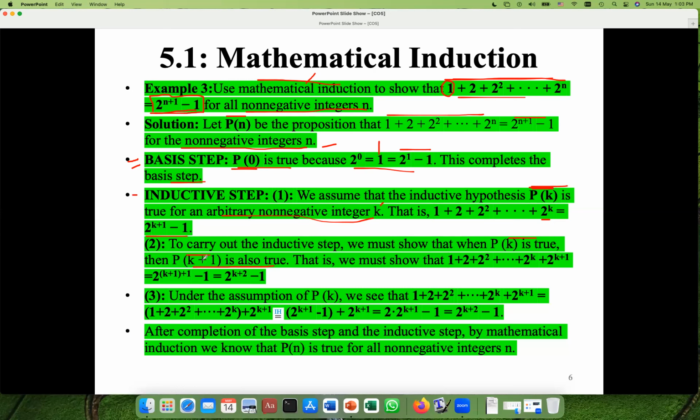By putting in P(k+1), you add the next term, because that is the next step. You can add it or you can put it here; it is up to you. If you put, for example, 2 raised to the power k plus 1, then we know that the k term is already there because this was the previous step.